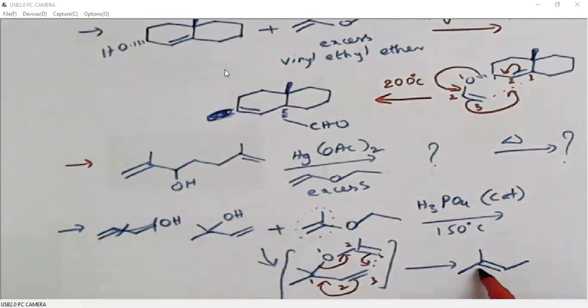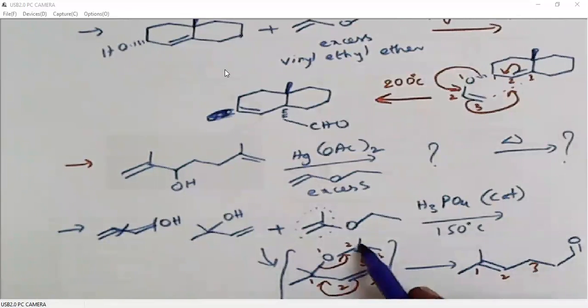this is 1, 2, 3. We have two methyl groups here. This is the third carbon. Again, we are attaching to the third carbon, and on the second carbon we have oxygen, so it becomes carbonyl. And on the second carbon we also have a methyl group. So this is one. Again, I'll write the numbering 3, 2, 1.